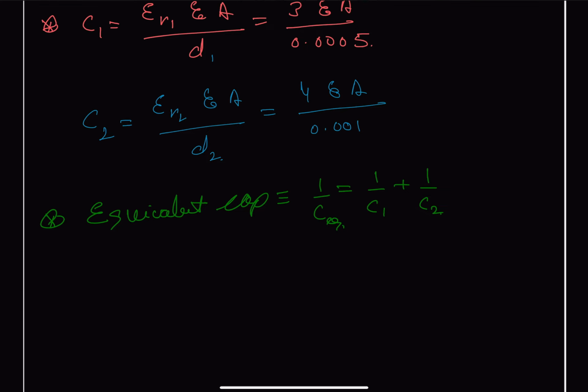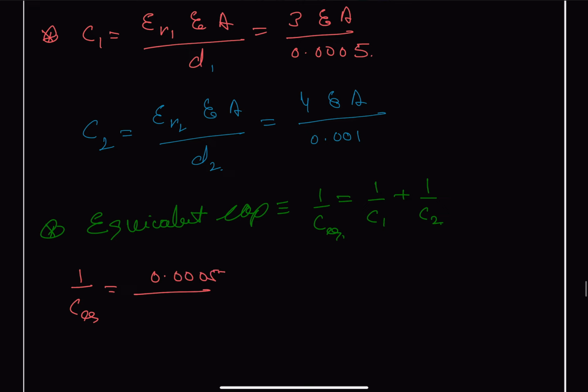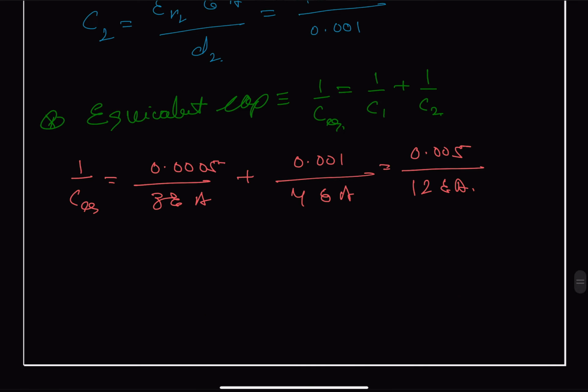We get 1 upon C equivalent is equal to 0.005 upon 3 epsilon naught A plus 0.001 upon 4 epsilon naught A, and this will be coming equal to 0.005 divided by 12 epsilon naught A. So we can write C equivalent will be equal to 12 epsilon naught A upon 0.005, which can be written as 2400 epsilon naught times A, and it is connected to a battery of 100 volt.